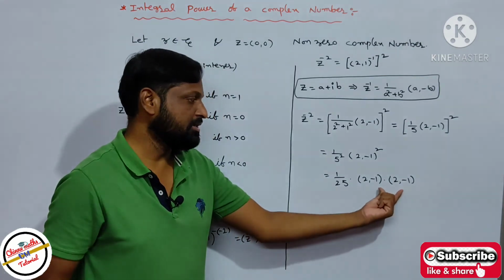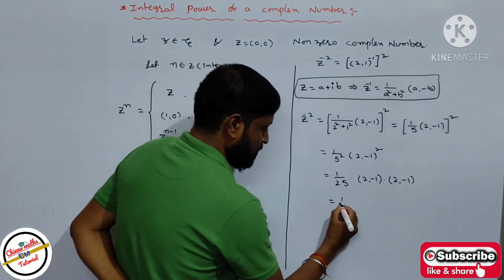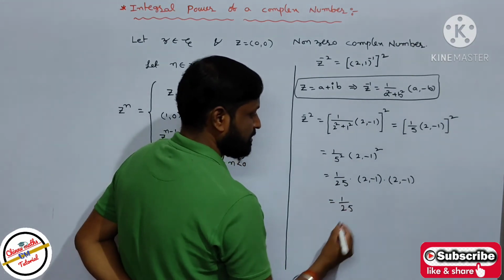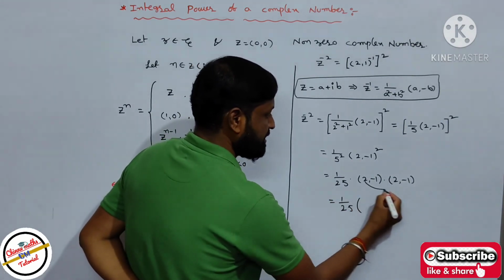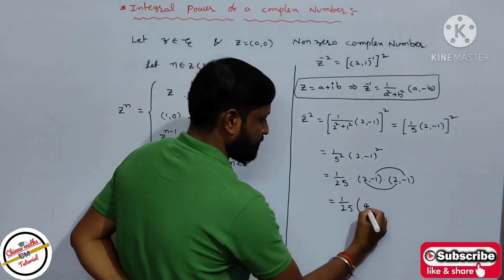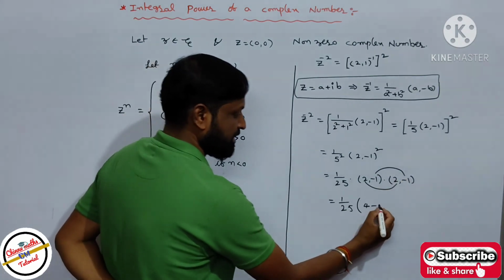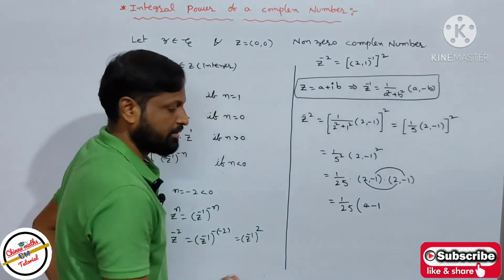We can observe that it is the multiplication of two complex numbers. So 1 by 25 into ac minus bd. ac means 2 into 2, 4, minus bd: minus into minus is plus, so 1 into 1 equals 1.